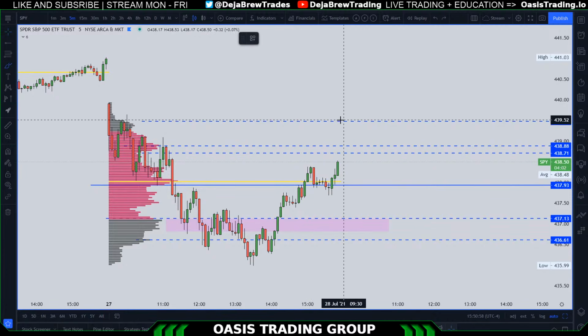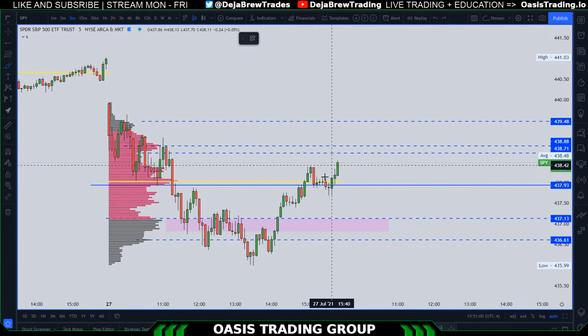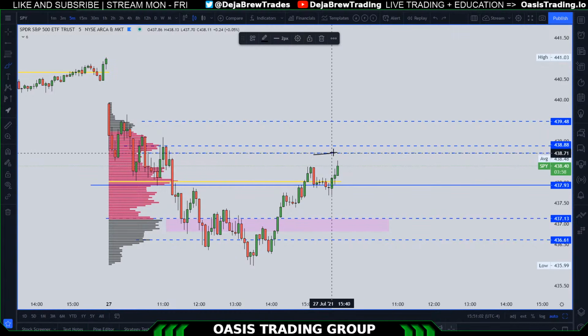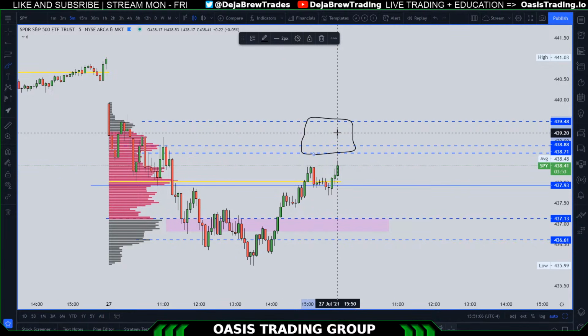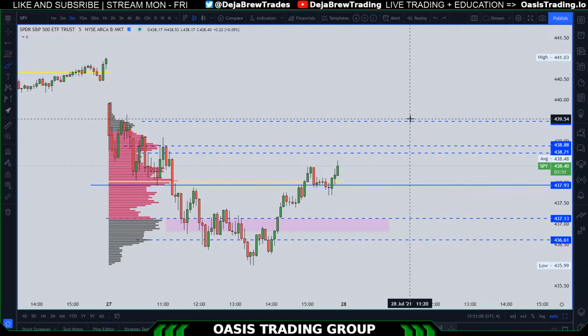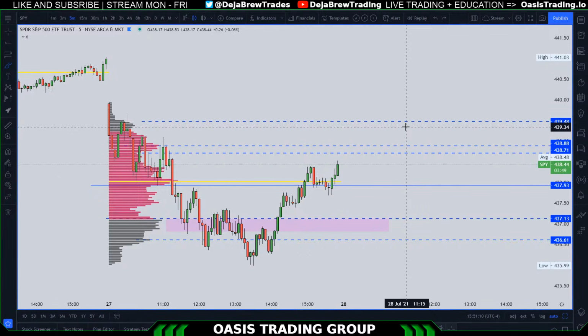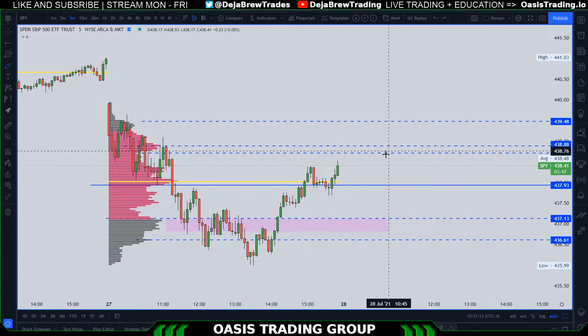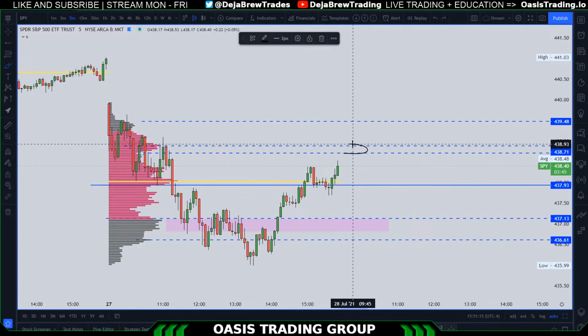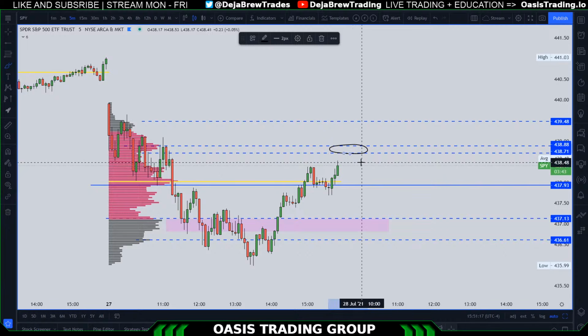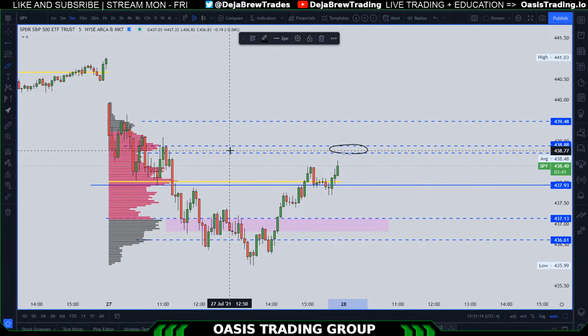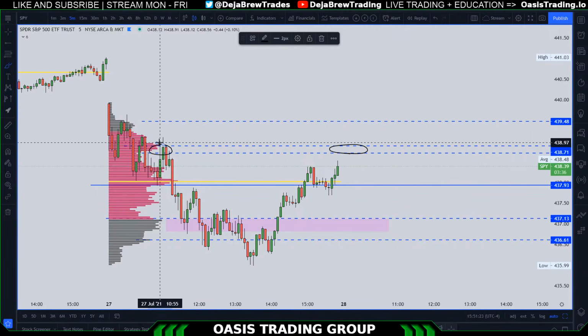Because this is the initial balance, and we're way below it, and we're coming back to retest, this is now very strong resistance. So if you were being very aggressive, and you wanted to short the first chance you got, you could short this initial balance retest. Now, the one downside to that is the initial balance is pretty far inside the value area.